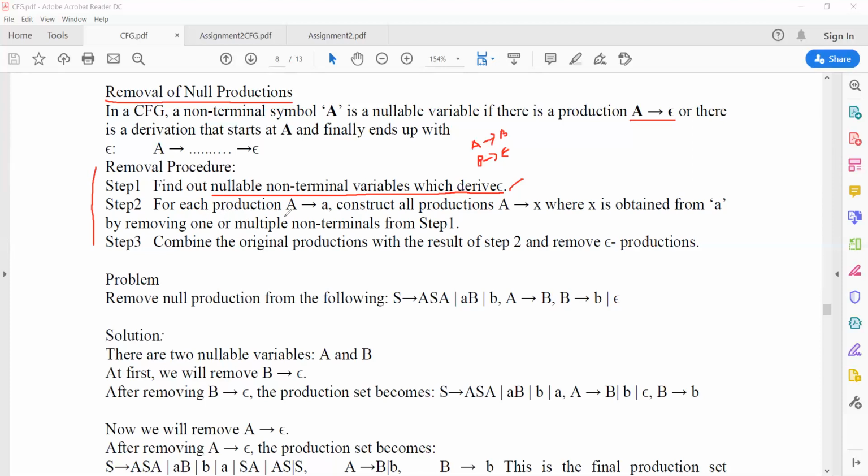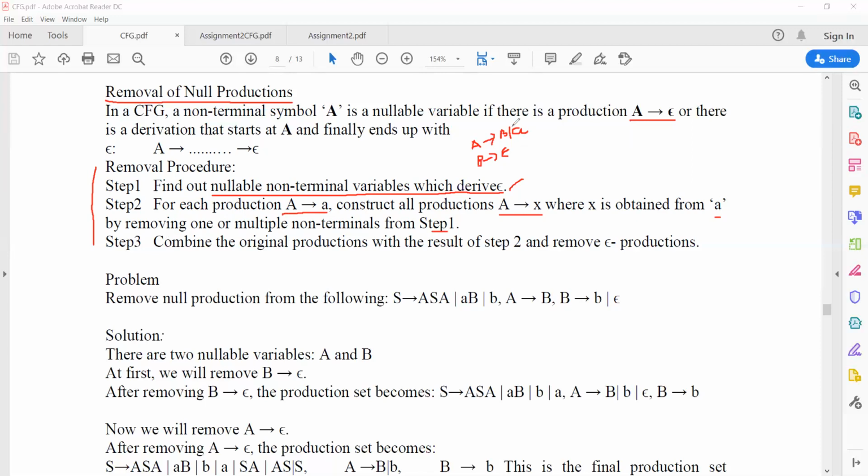So for each production, suppose there is a production that contains A. Construct all productions like X, where X is obtained from the original by removing one or multiple nullable non-terminals from step 1.